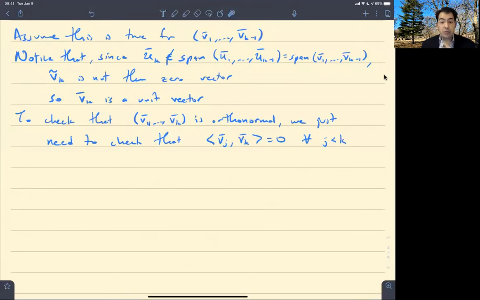In principle, we would have to check the inner product of any two vectors in this list. But because of our inductive hypothesis, we know that this list is orthonormal. So the only inner products that are left to check are the ones that involve Vk.